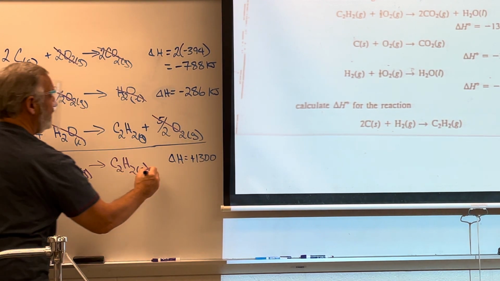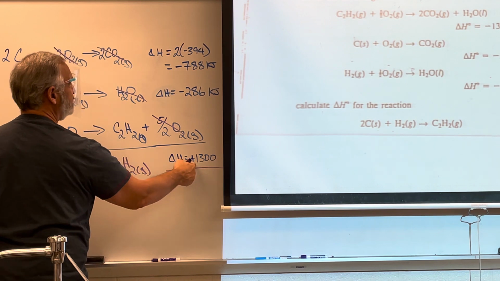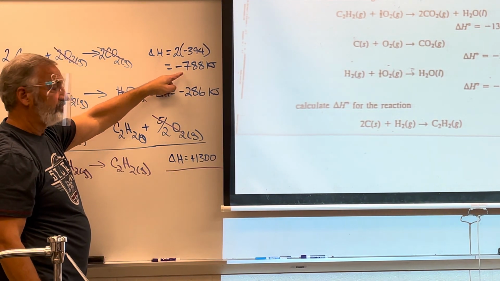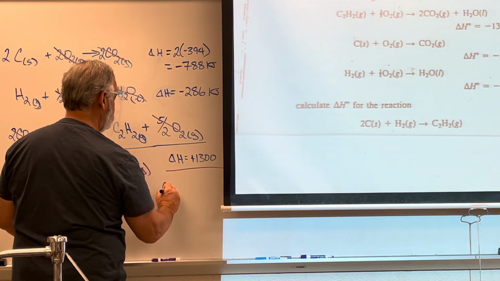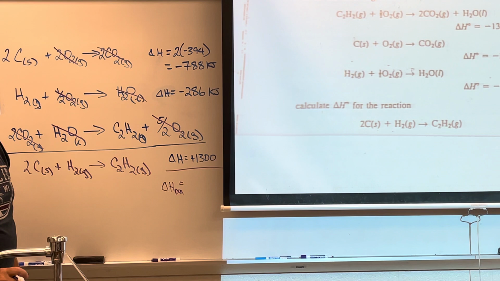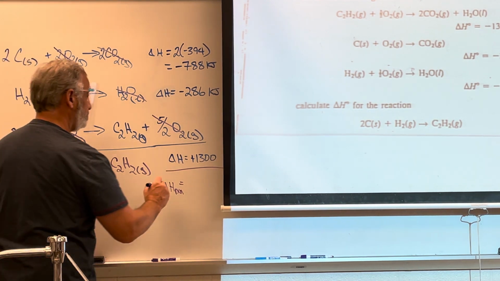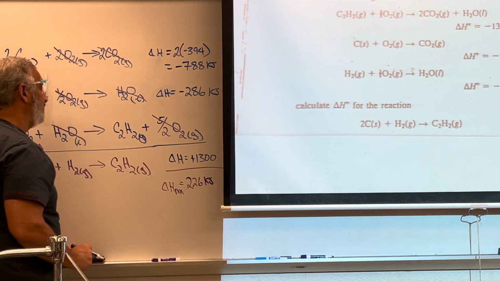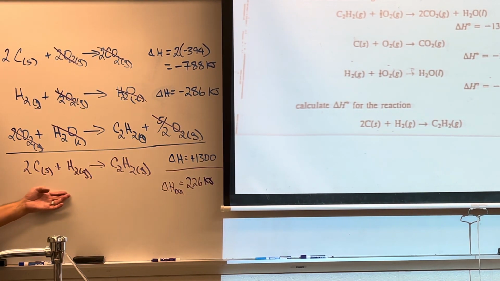So my delta H is going to be the sum of 1300, negative 286, negative 788. So delta H equals positive 226 kilojoules. And again, they're going to say per mole reaction, but it's really just kilojoules. Is everybody comfortable with that?